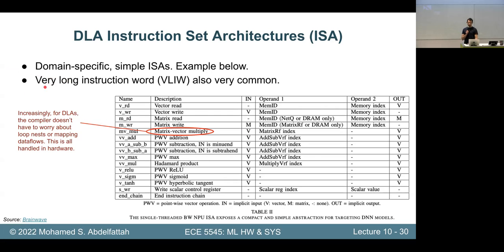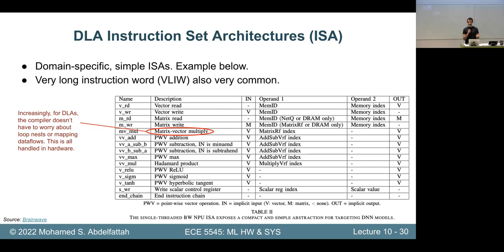You would often also see these very long instruction word instruction sets, where you have an instruction like convolution, but then it's followed by all of those hyperparameters, like the size of the filters, the padding, the stride, and so on. And this would actually be a low-level instruction in your hardware. So again, your compiler would just parameterize these coarse-grained operations and then send them to the hardware directly. I think the TPU has these kinds of instructions as well, like do convolution or do matrix multiplication and so on.